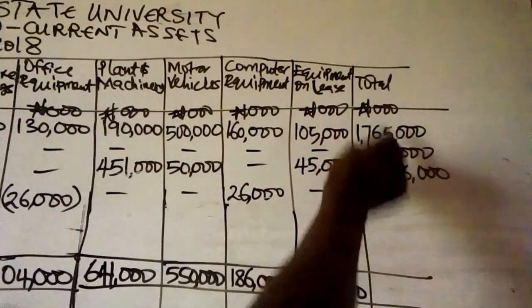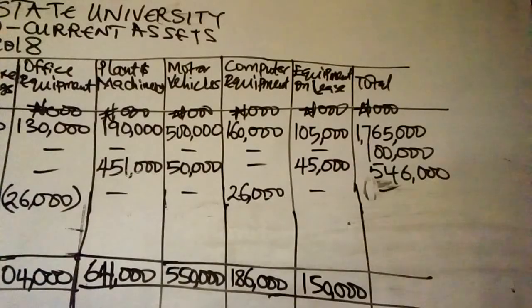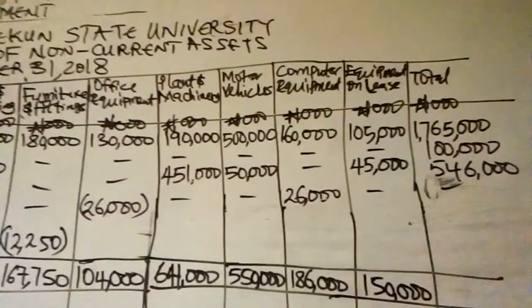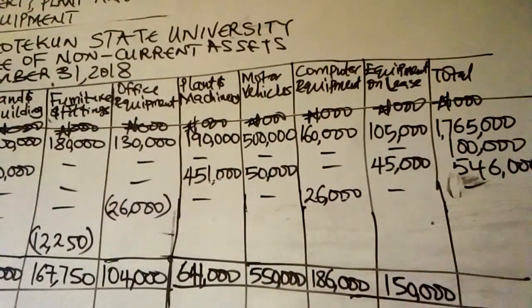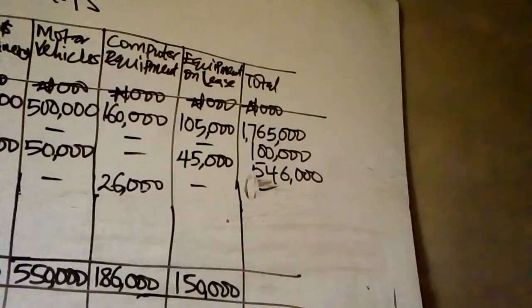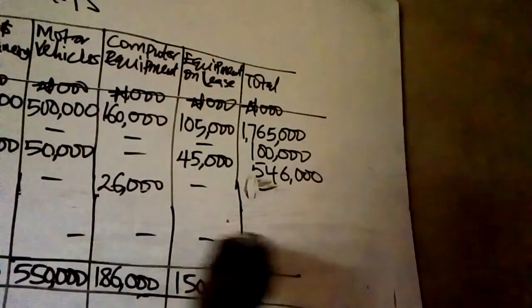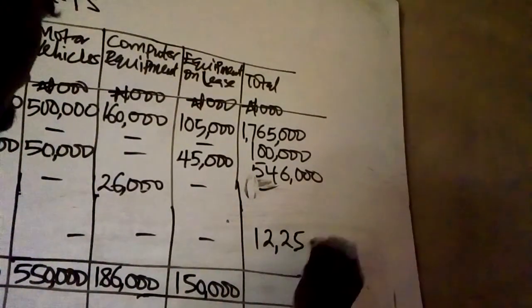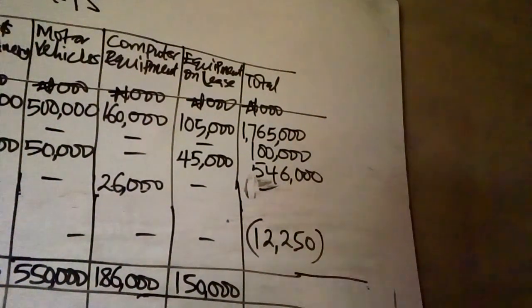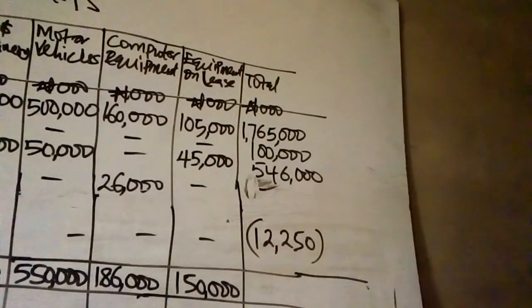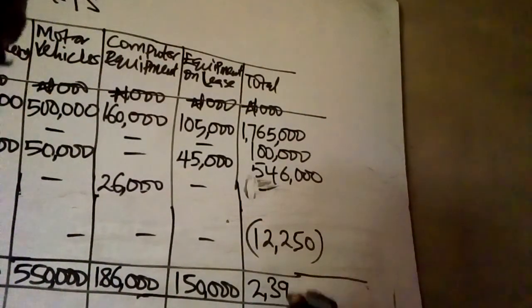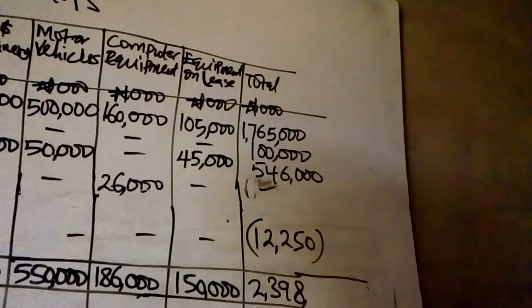Then the disposal of 12,250,000, let's also include it in the total column. So this plus this plus this minus this, then you have 2,398,750.